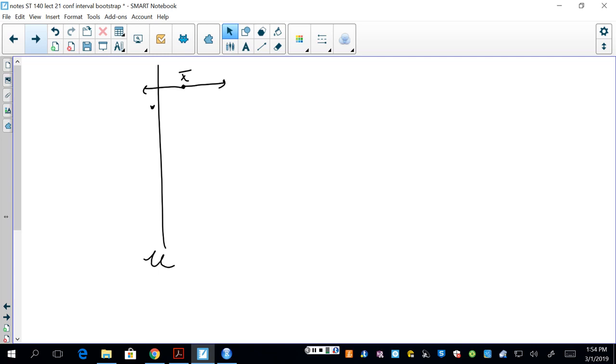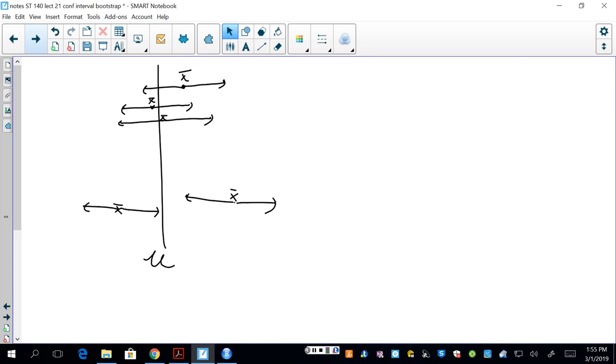Sometimes if we do this again, or the next year, we're going to get a new X bar and a new interval. A lot of them are probably pretty close, right? But every once in a while you get an X bar that's a little further away, and it misses on that side, or maybe this side. It doesn't quite go all the way, and some of them miss.